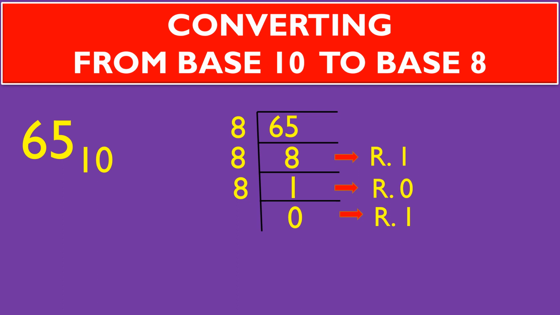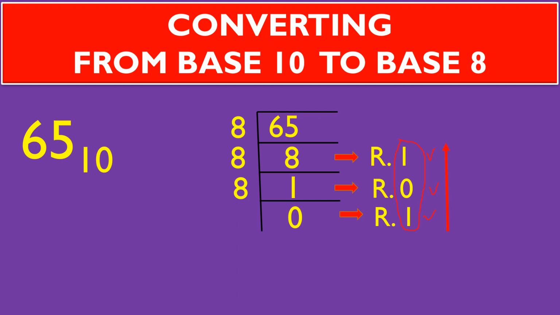Now the answer to the conversion from base 10 to base 8 is actually staring at us in the face. And what we will do is to simply look at the remainders. We will be looking at these remainders as our value. However, what we will do is to take it from the bottom to the top, and that gives us our answer.